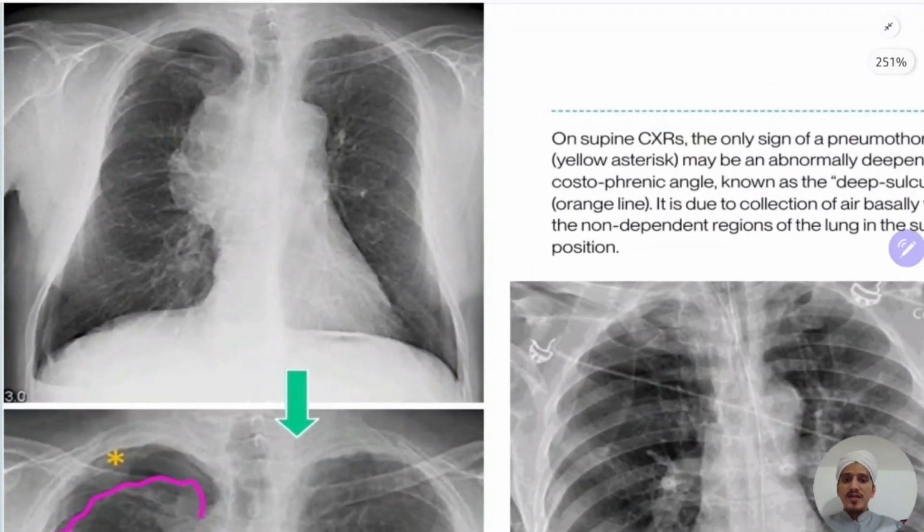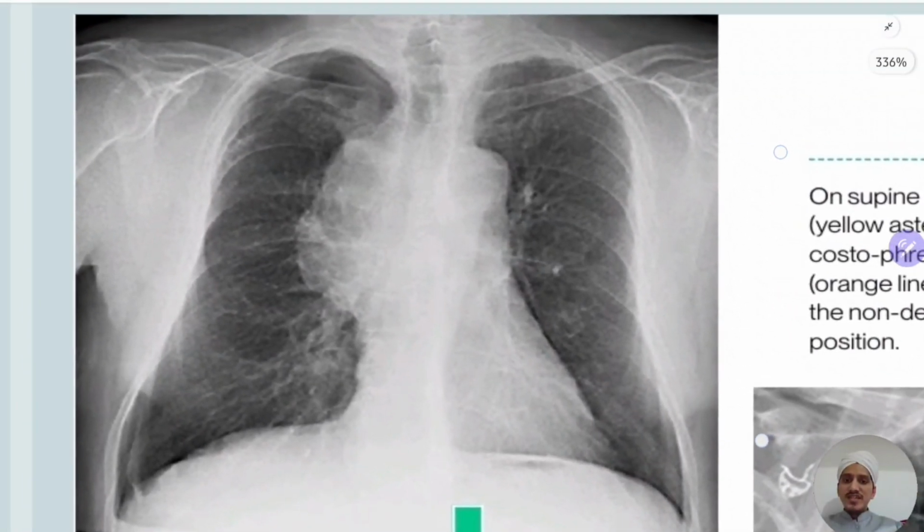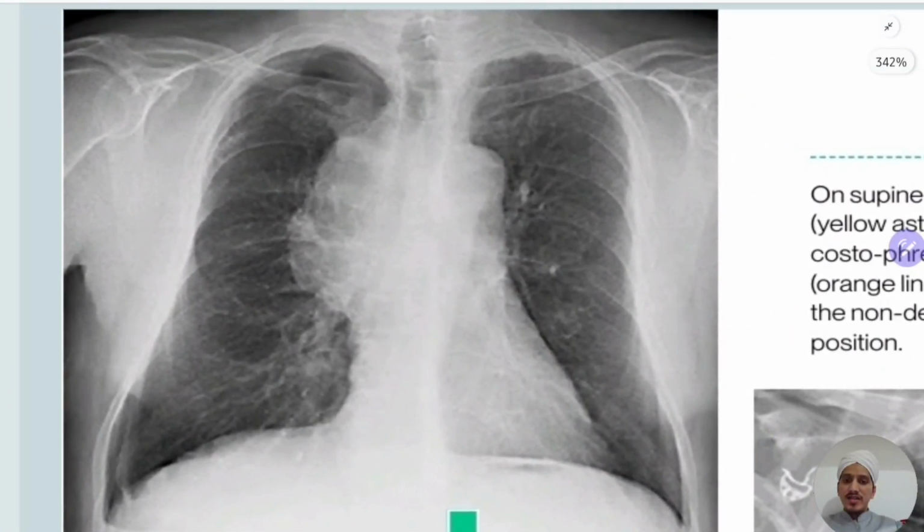Now we will see first the chest X-ray. You see here the chest X-ray. Check the technical quality. This is the trachea, and it is equidistant, and the exposure is also okay.